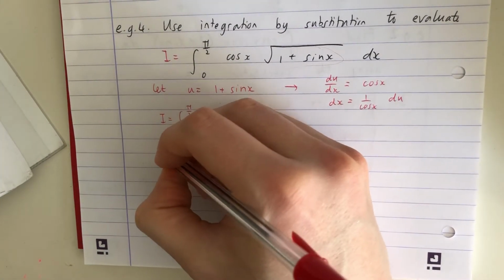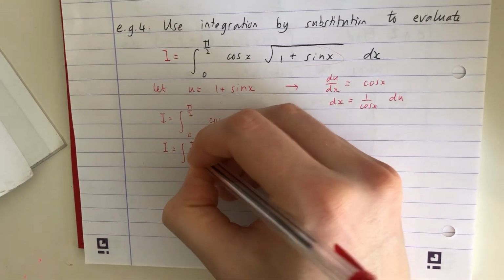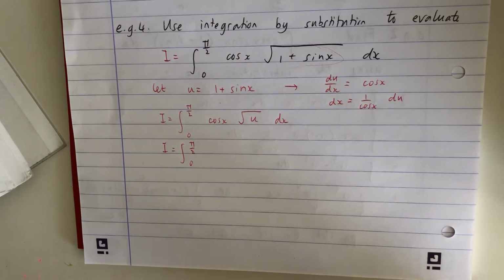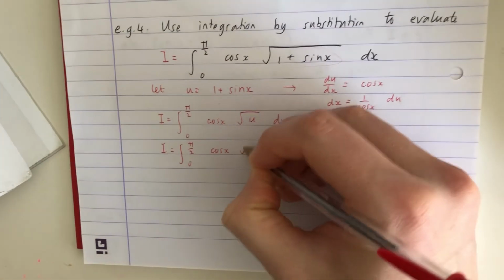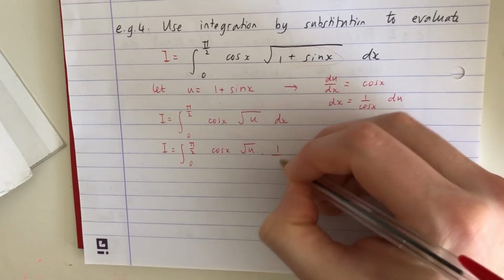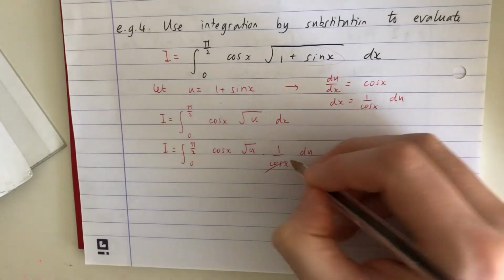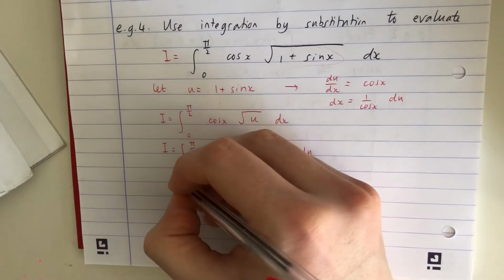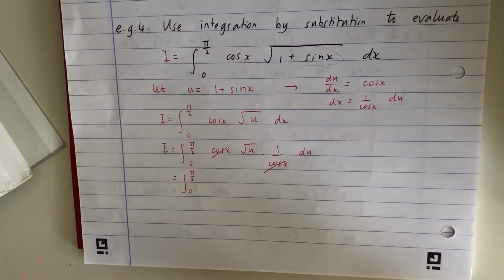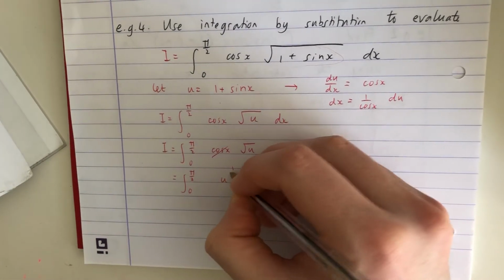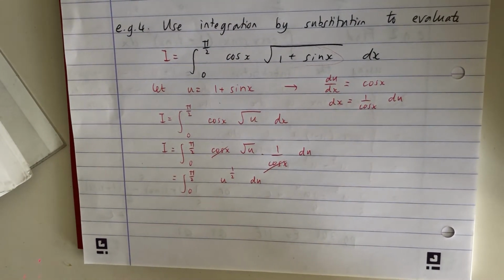If you replace that in there, you get the integral between 0 and pi by 2 of cos x root u times 1 over cos x du. This looks promising. Cos x's disappear, and then you are just integrating between 0 and pi by 2 of u to the power of a half du. And that looks like it'll give you the right answer.